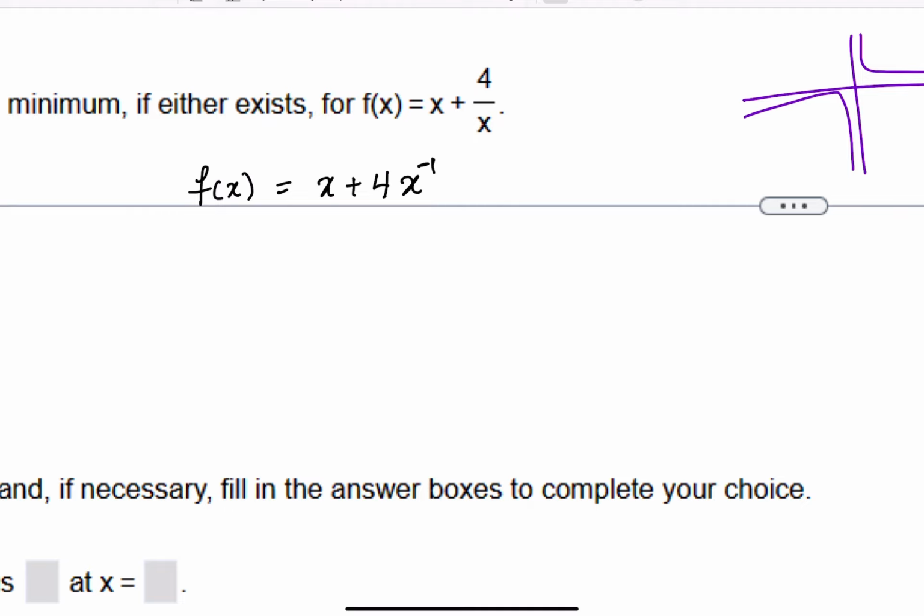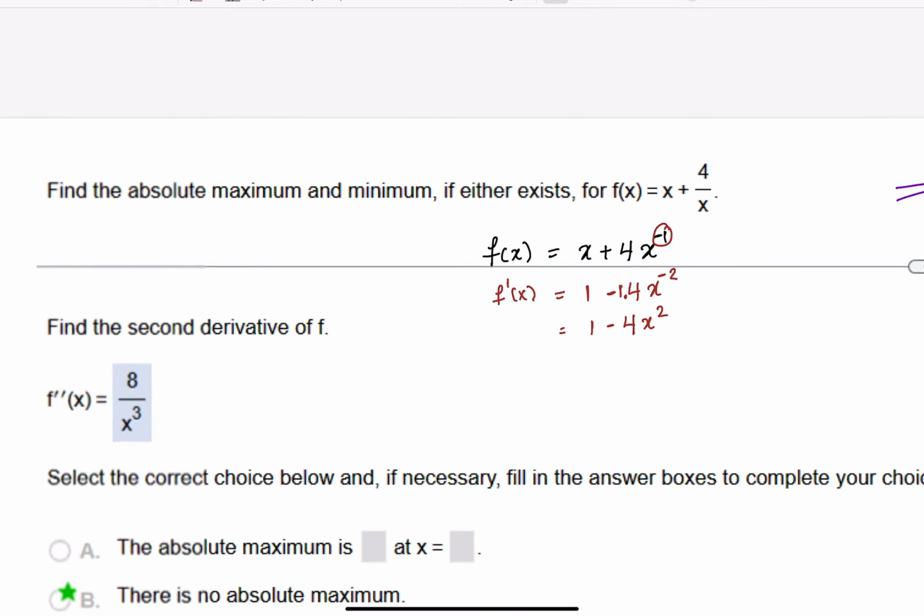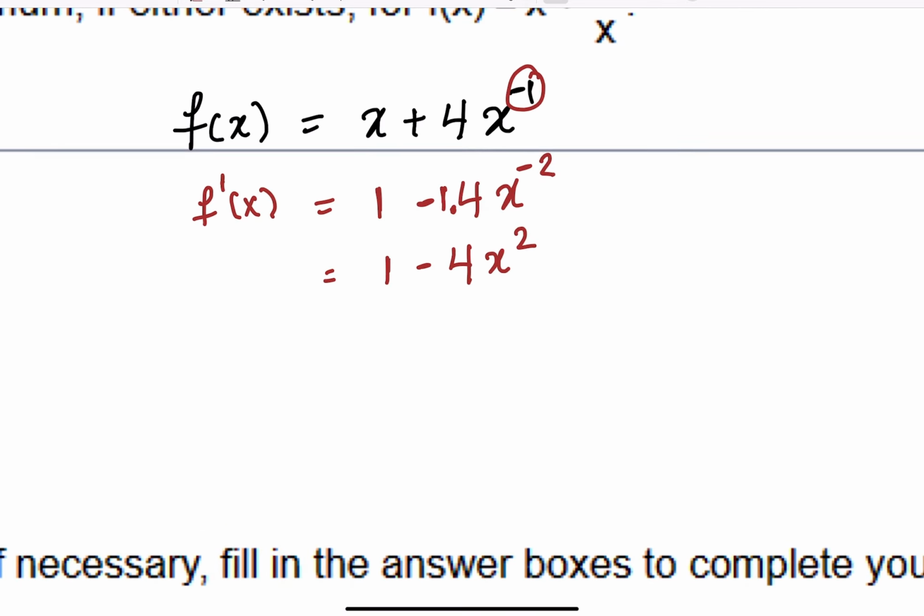So my first derivative, f prime of x: the derivative of x is 1, and the derivative of 4x to the negative 1 is negative 1 times 4x to the negative 1 minus 1, which is negative 2. So this is 1 minus 4x to the negative 2, or 1 minus 4 over x squared. Did they ask me first or second? Oh, they asked me for the second. Now let's go ahead and find the second derivative. The second derivative of 1 is 0. Oh, this is a minus, sorry.